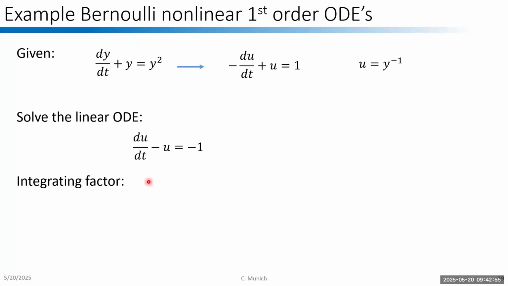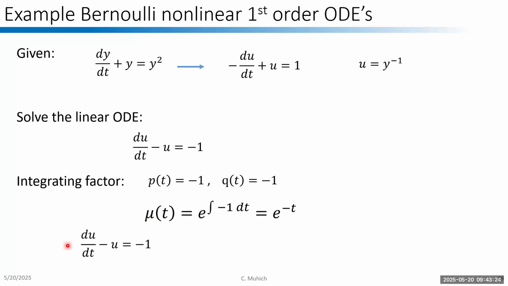I'm going to solve this using an integrating factor like we just previously saw. I have my p of t. What's sitting in front of the linear term? That's minus 1. So I can solve out my integrating factor mu of t equals e to the integral of minus 1 dt. Well, that's easy. That's just e to the minus t.